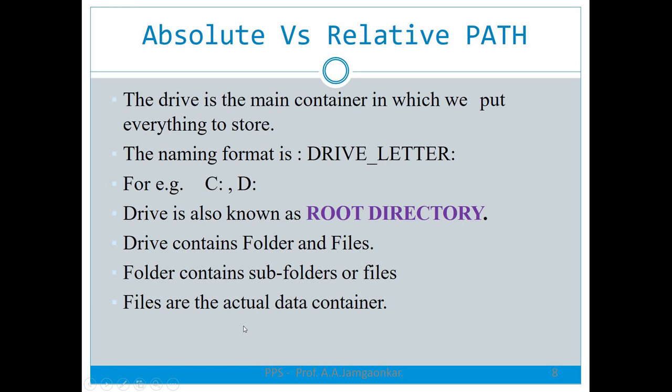The relative path has one disadvantage: we can get the wrong file, wrong details or wrong data if the same file name exists in another directory. So the relative path has a chance of giving the wrong output. The absolute path contains the subfolder names from the root directory up to the actual file name.